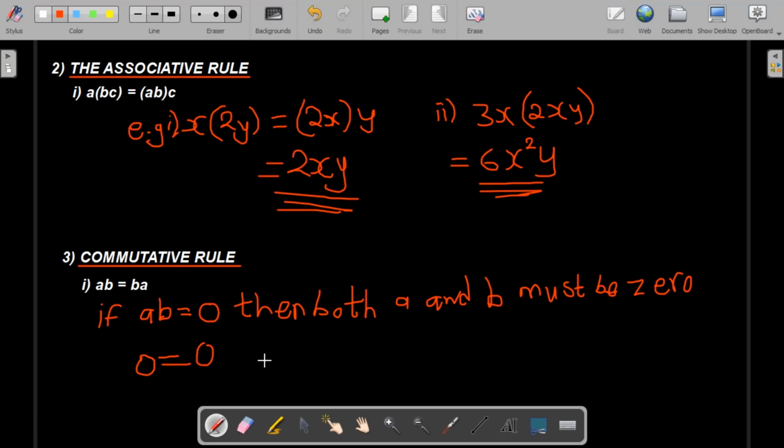The other example that I can give, now not the zeros, is if you're multiplying, for example, 2 multiplied by 3.